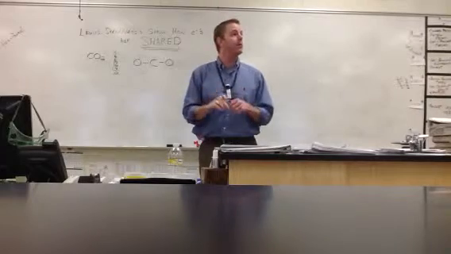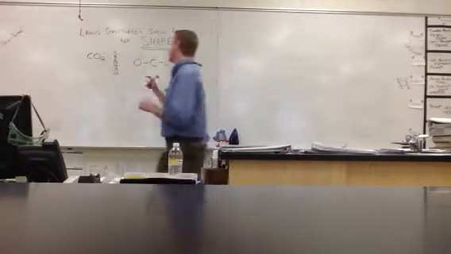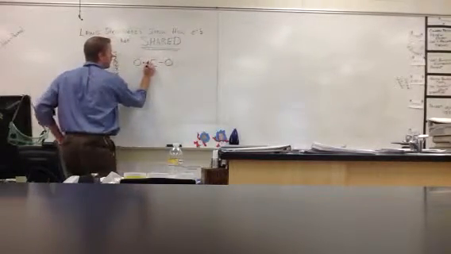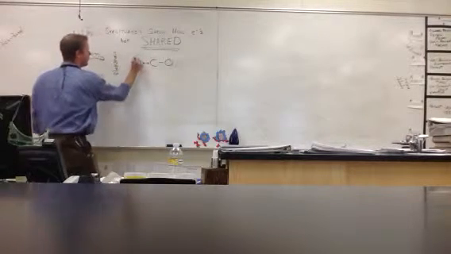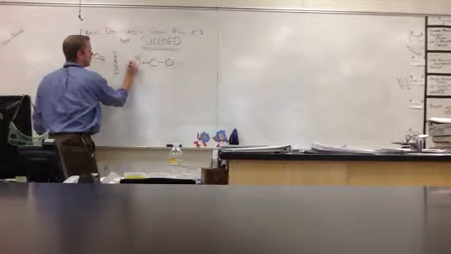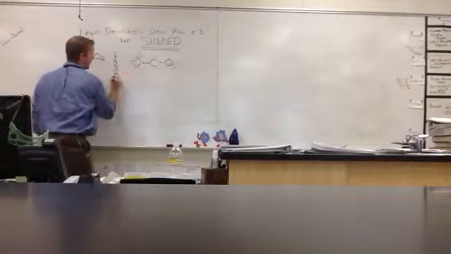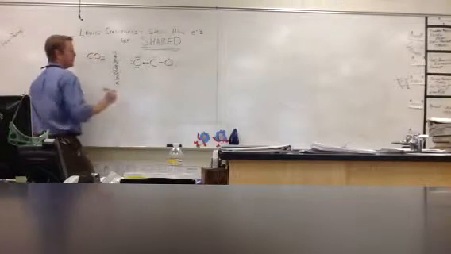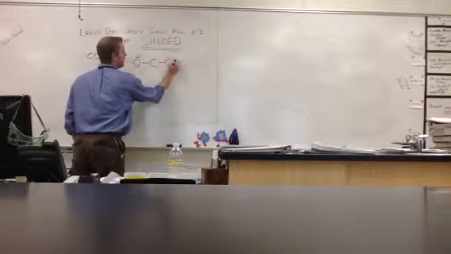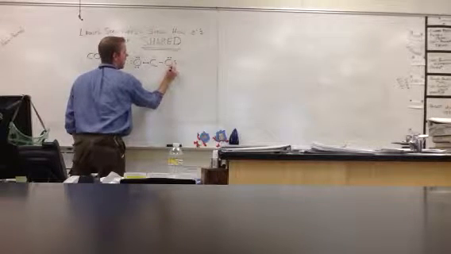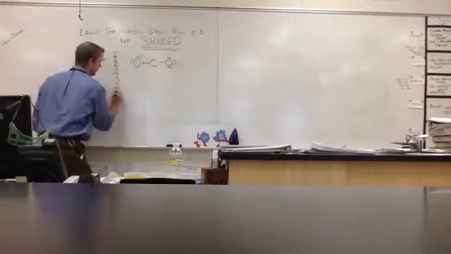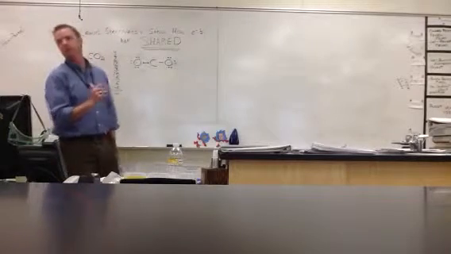No, so it wants how many electrons? 8. So this one has 2 right now, so it needs 6 more. So 1, 2, 3, 4, 5, 6. You now have 6 left over. And 1, 2, 3, 4, 5, 6. And you're out of electrons.